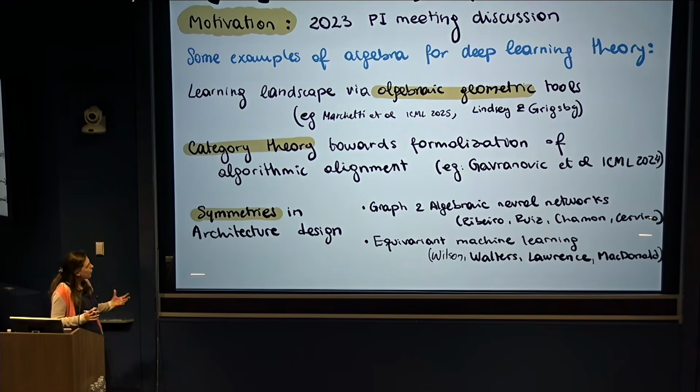And there's a lot of work that has to do with exploiting symmetries in the architecture design. Here we have a lot of experts in graph neural networks and algebraic neural networks, and also equivariant machine learning, like Robin and Luana and Alejandro, and I'm sure that Alejandro will talk about it later today.